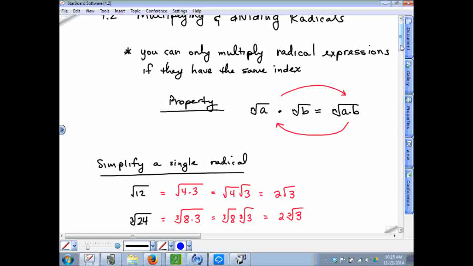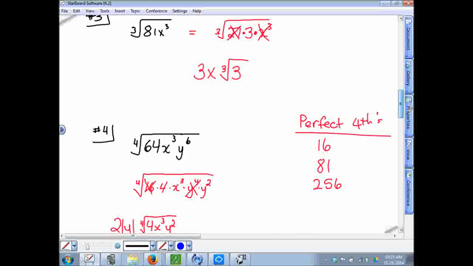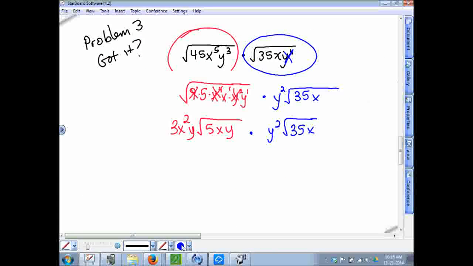And if there happens to be stuff on the outside, you multiply that together too. So we have a lot happening here. Let's multiply the things on the outside. What are we going to have on the outside? 3x squared y to the 3rd. Now let's do the stuff on the inside.